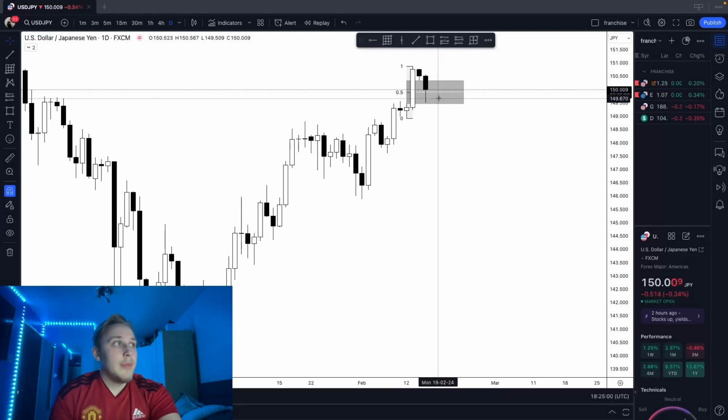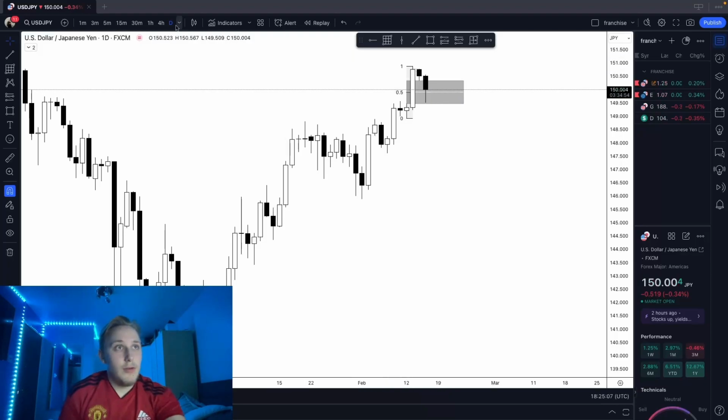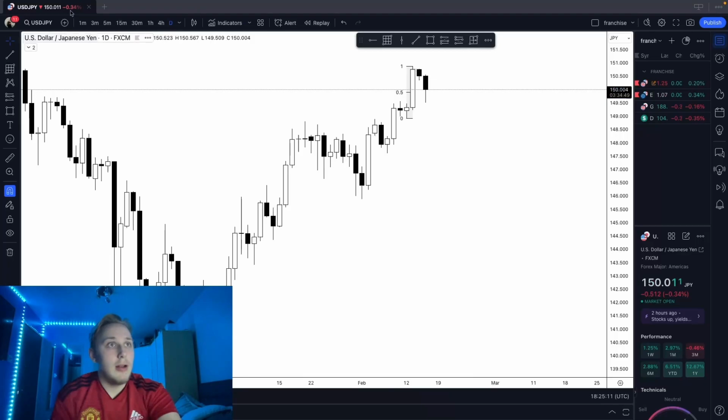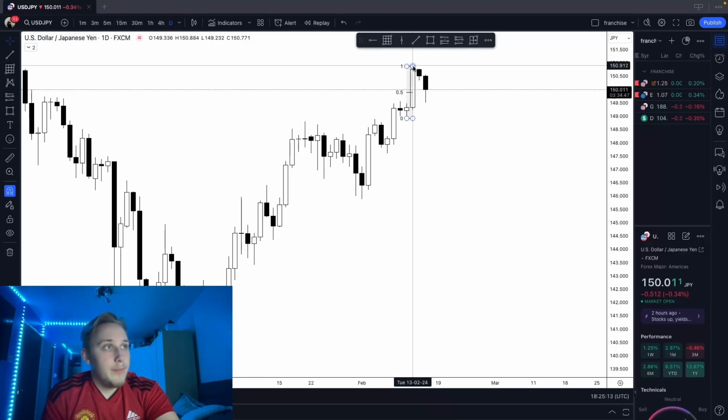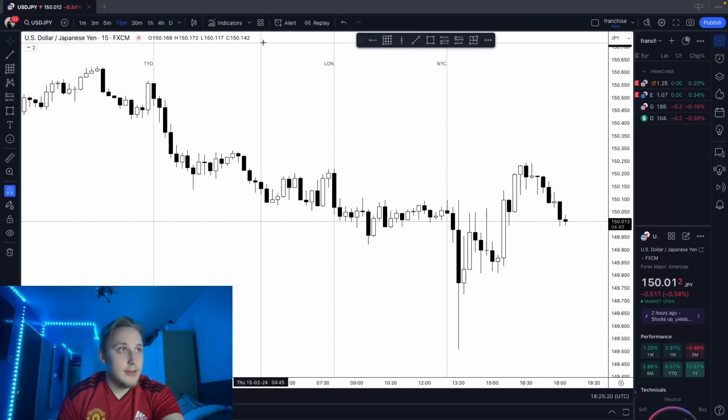So the plan is to catch a move down. Obviously the 4 hour and the hour are both bearish, and I'd rather both of them were in line. But yeah, this is just being able to adapt to price.